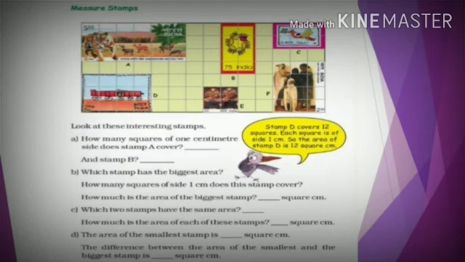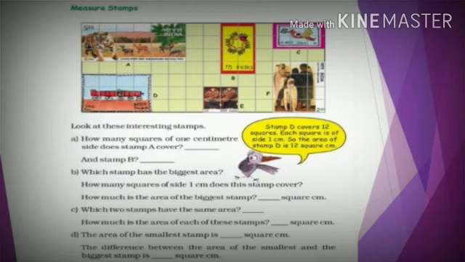So stamp A covers 18 squares of 1 centimeter. And the next question, how many squares in stamp B? Here you can see inside 8 square boxes. So 8 squares inside stamp B. So the answer will be stamp B covers 8 squares of 1 centimeter.